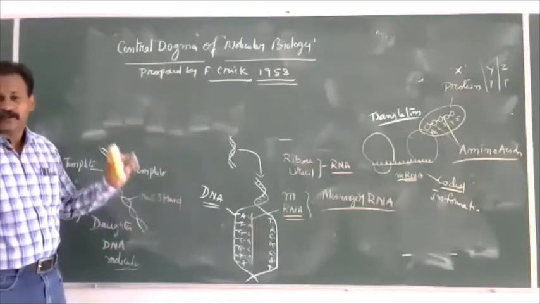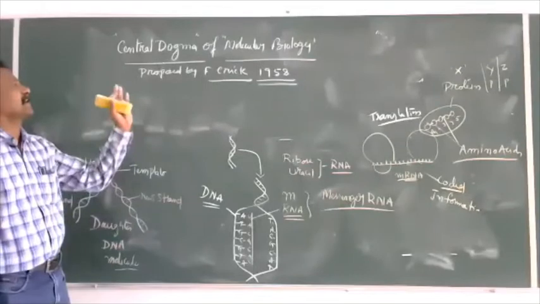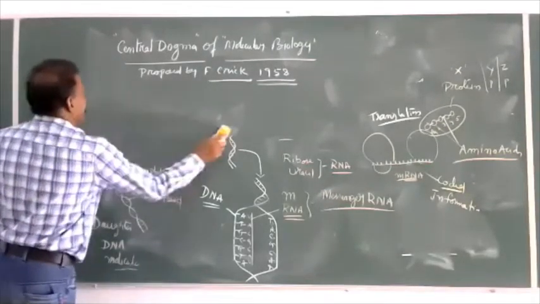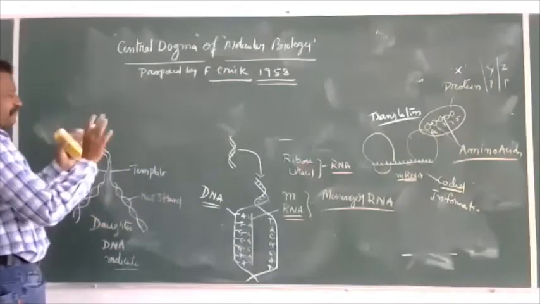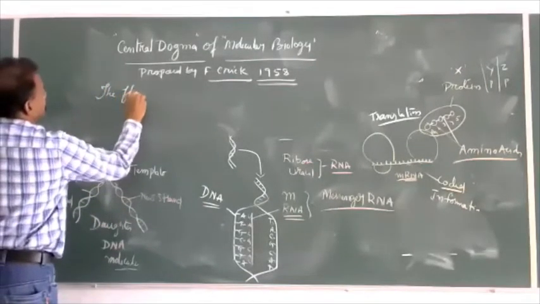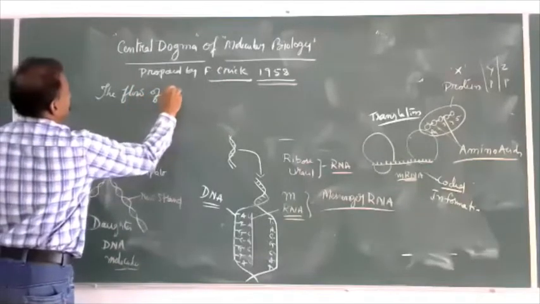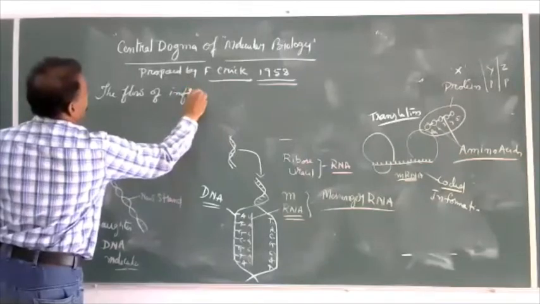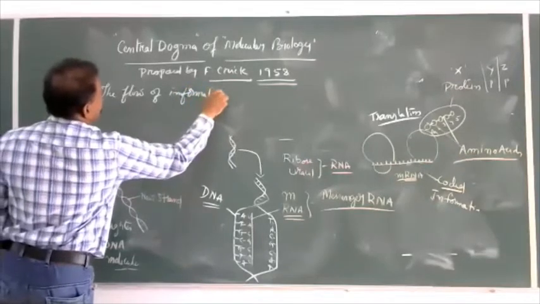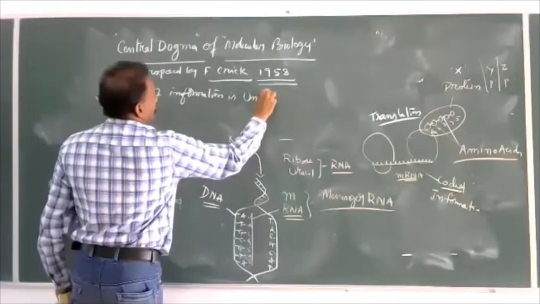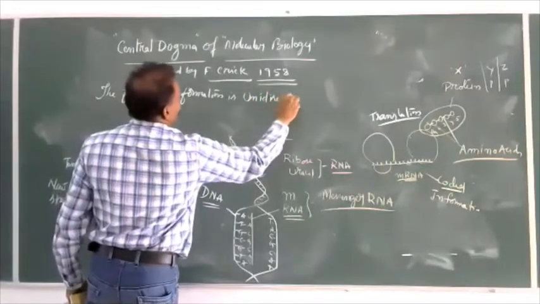According to his proposition, what does central dogma mean? The flow of information is unidirectional.